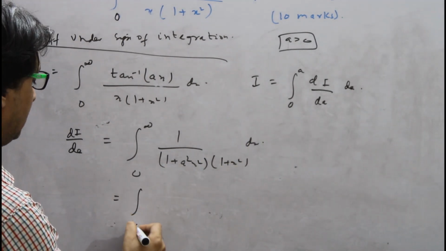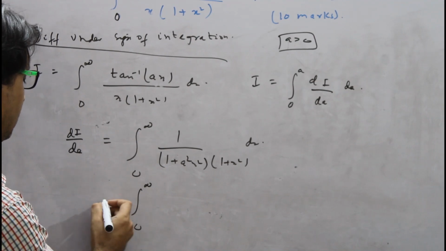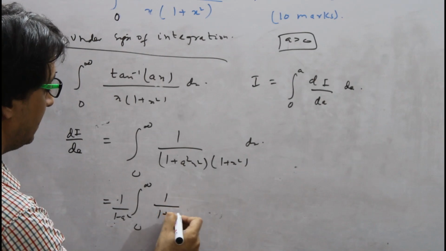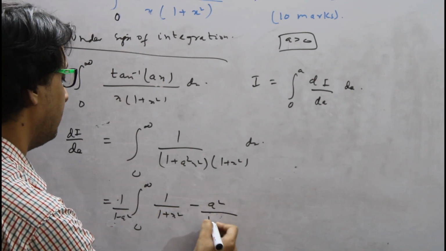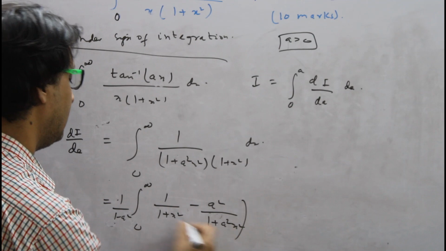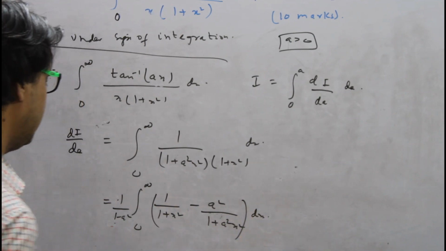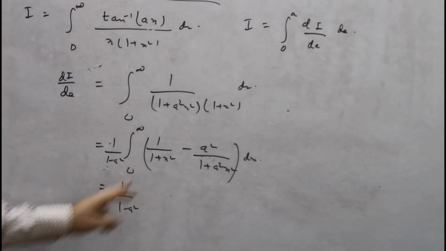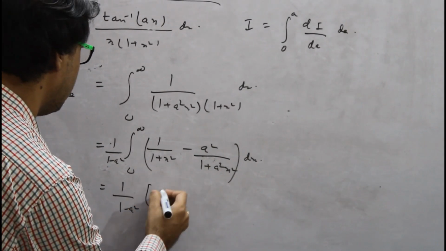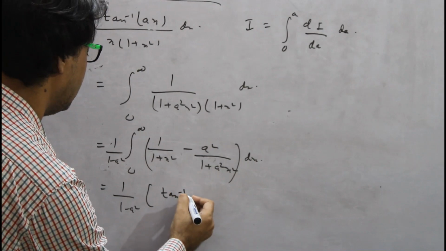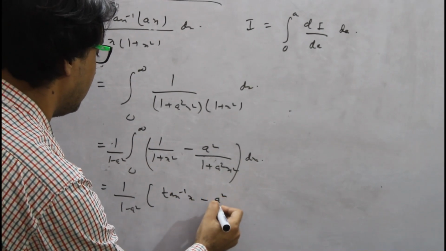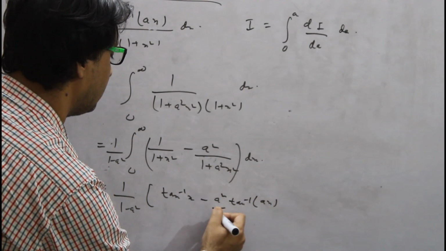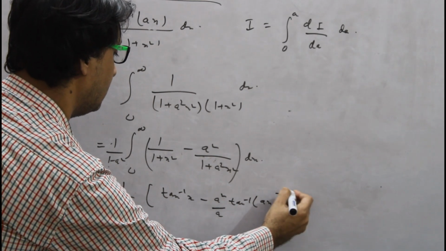So this can be done by partial fractions: 1 by 1 minus a square, times 1 by 1 plus x square minus a square divided by 1 plus a square x square, dx. And now I am going to integrate this one. So what is the integration of this one? This is tan inverse x minus a square tan inverse of ax, with this part also having a, from 0 to infinity.